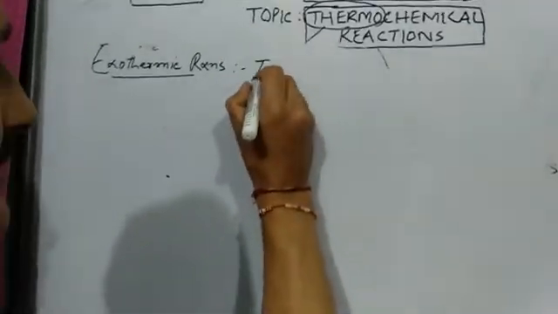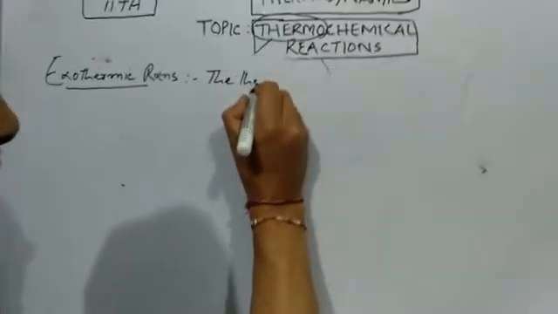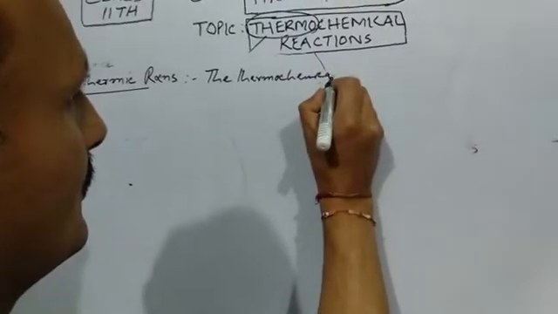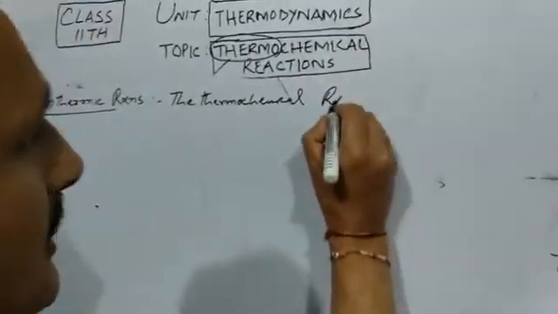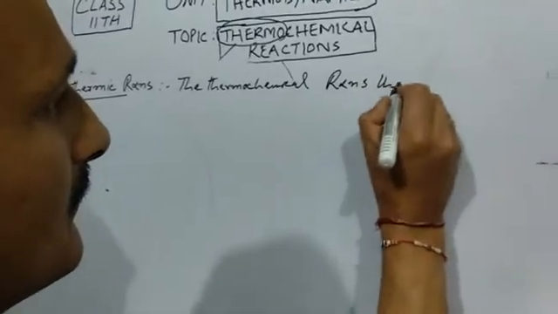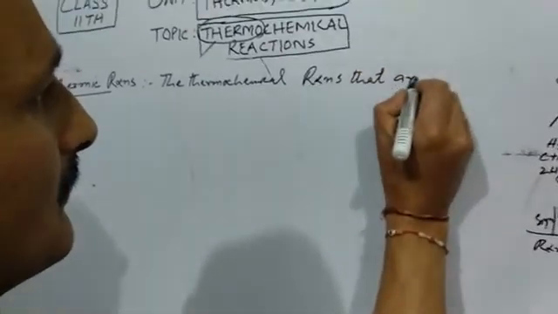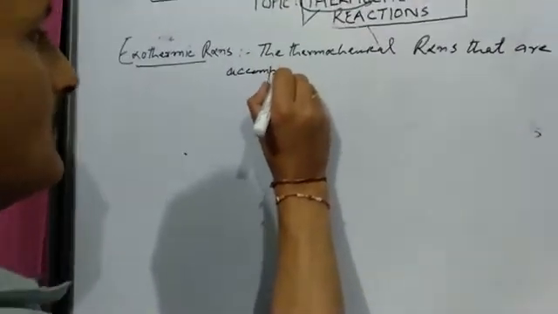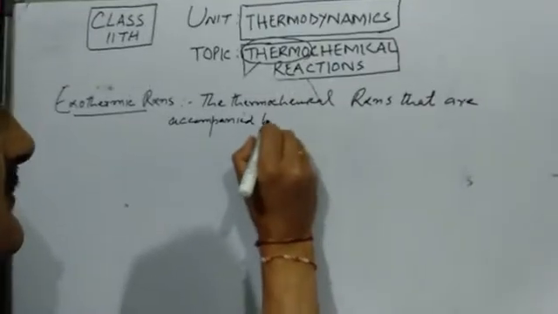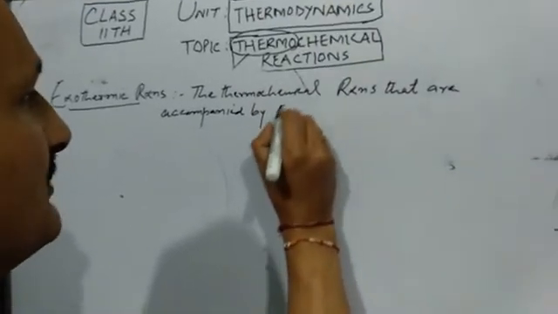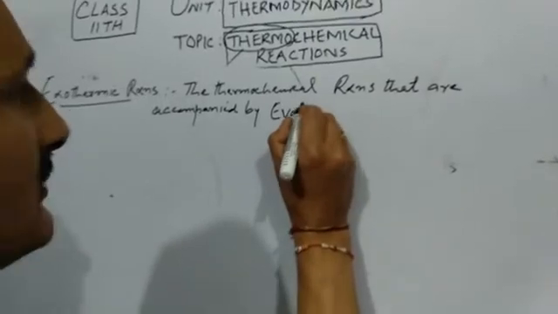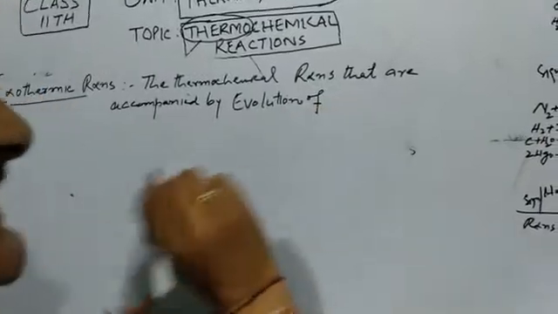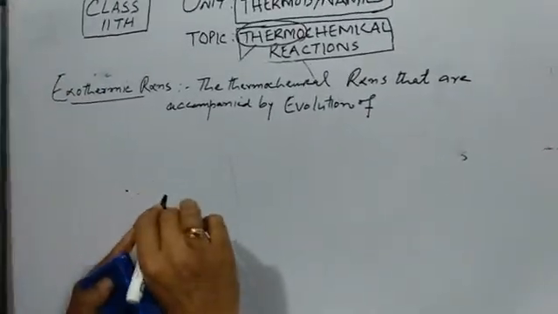that are accompanied by evolution of heat. By evolution means heat is evolved, heat is produced, heat is released from the system to the surroundings.